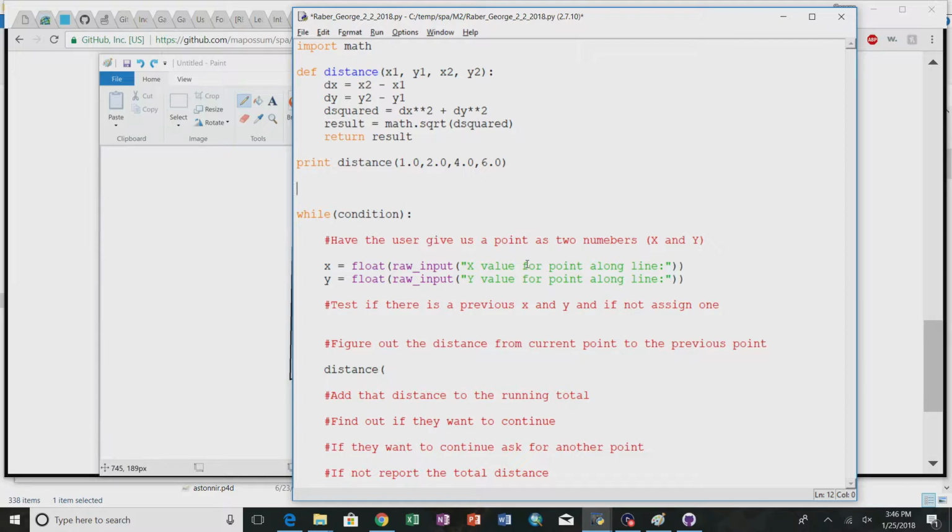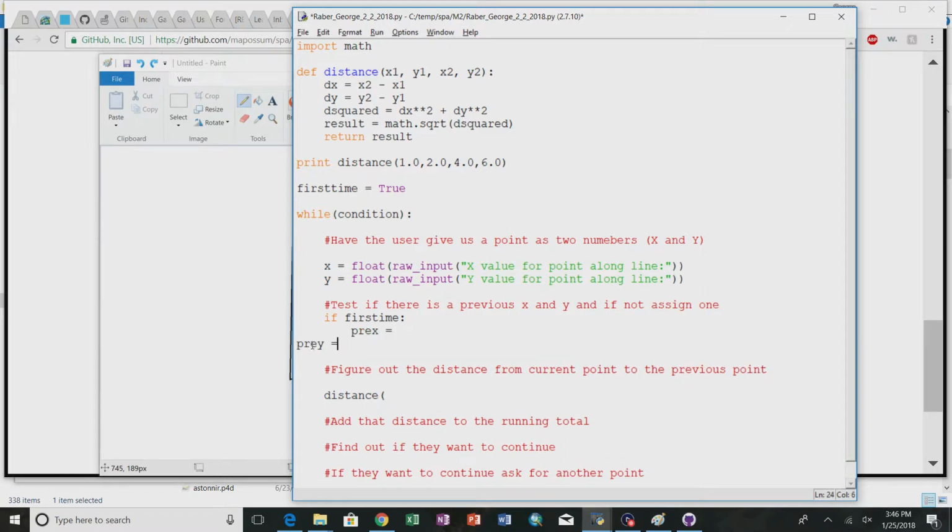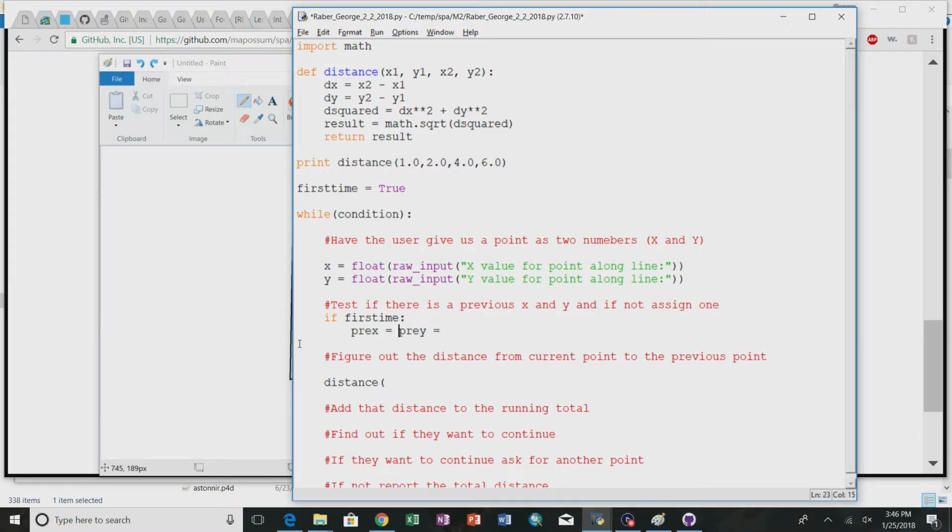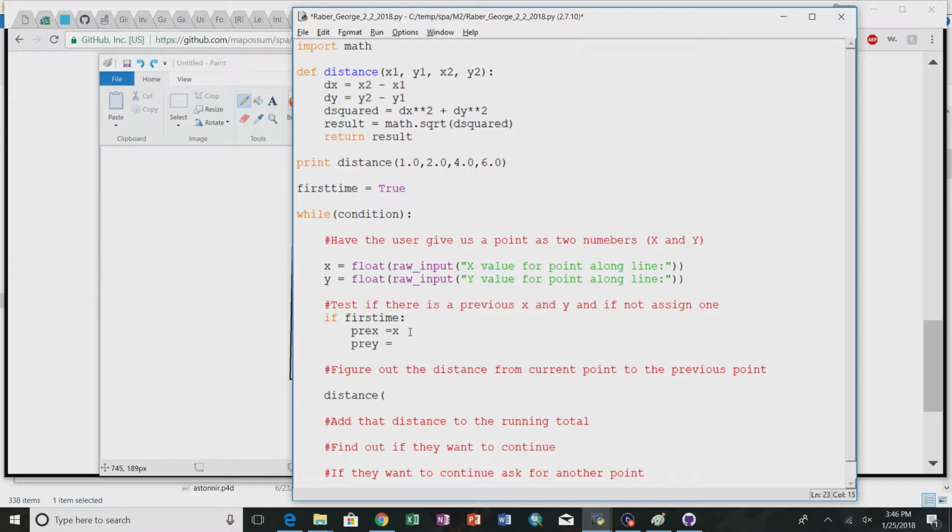So what we could do is come in here and say first time equals true. Okay? And then come down here and say, if first time, then put our previous x is equal to x, and previous y is equal to y.